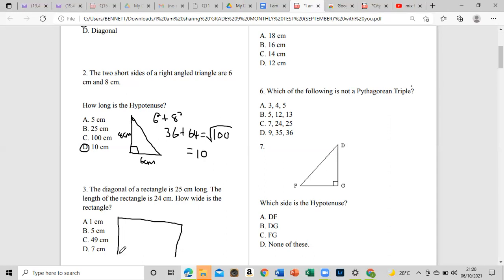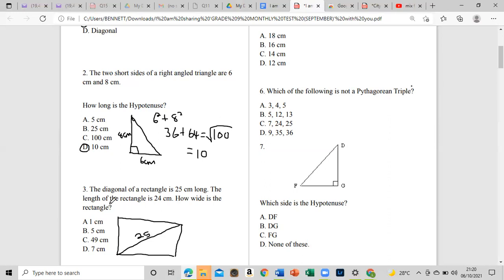Alright, so let me say the diagonal. There are two diagonals. It could be this one or it could be this one. Let me just draw it down here. So this one is 25.